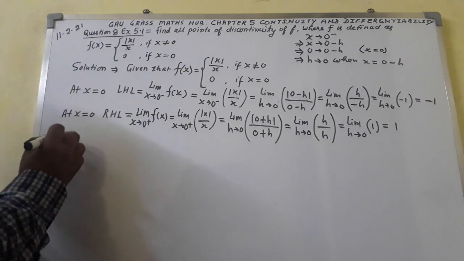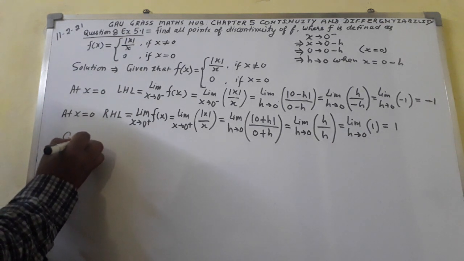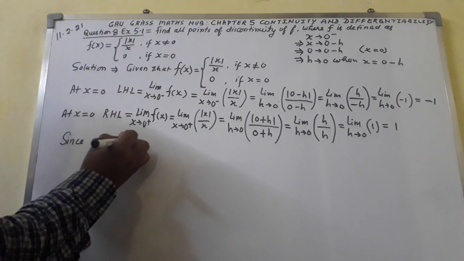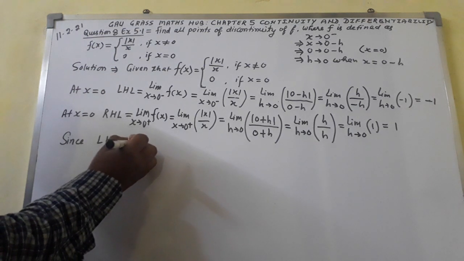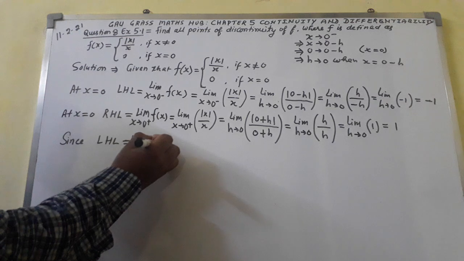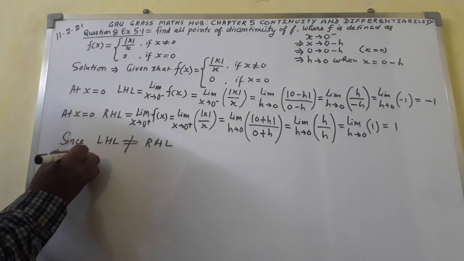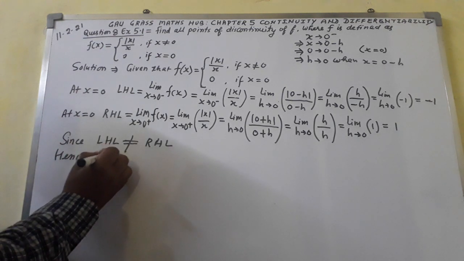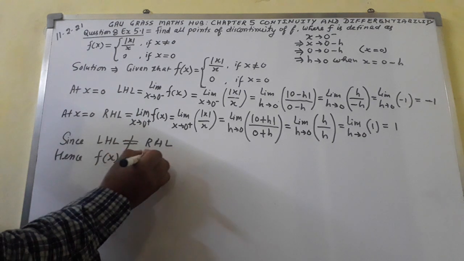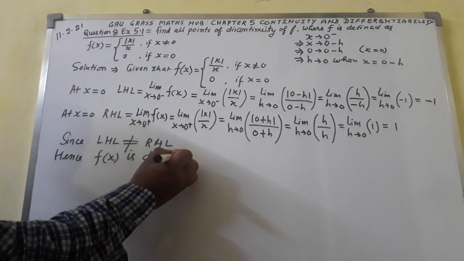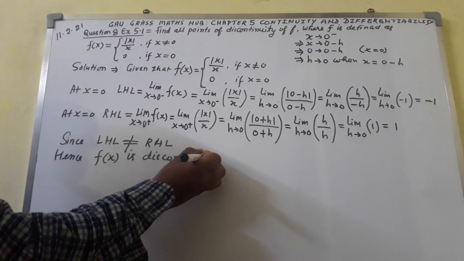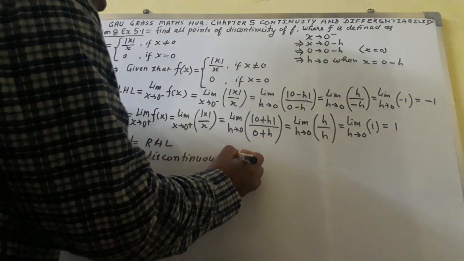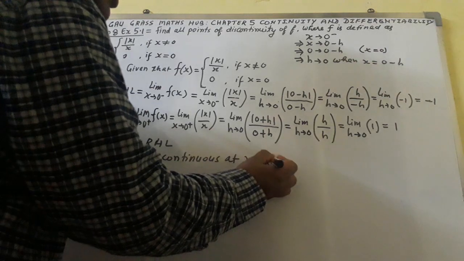So I shall write: since the left hand limit is not equal to the right hand limit, hence f of x is discontinuous at x equal to 0.